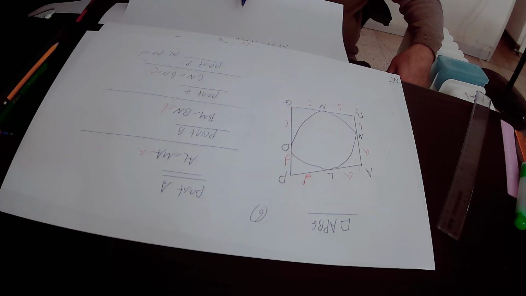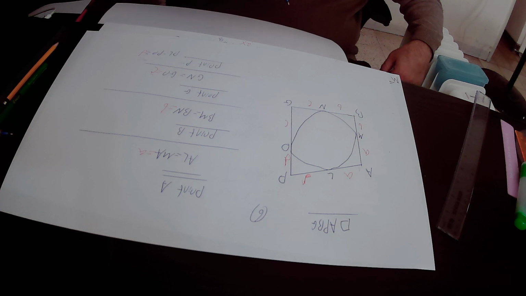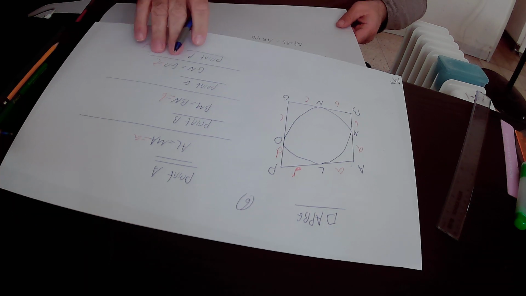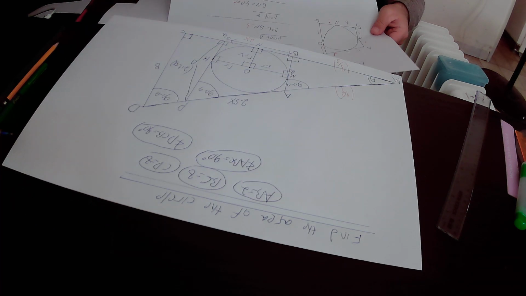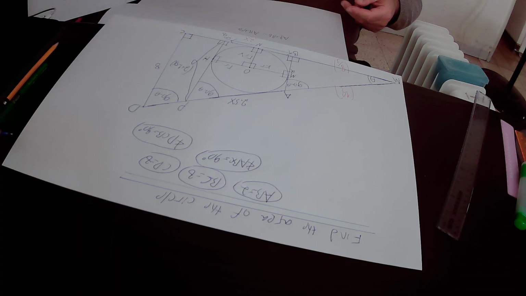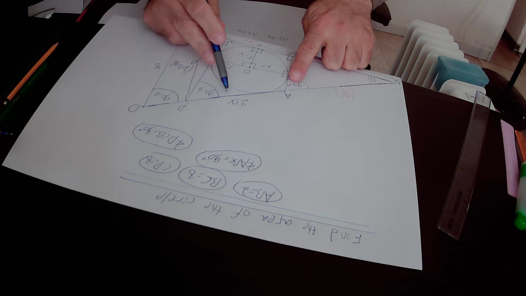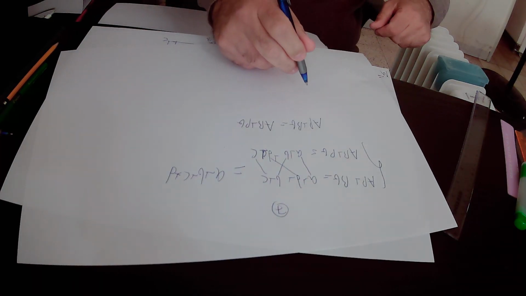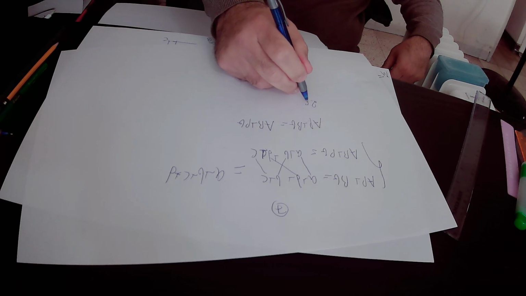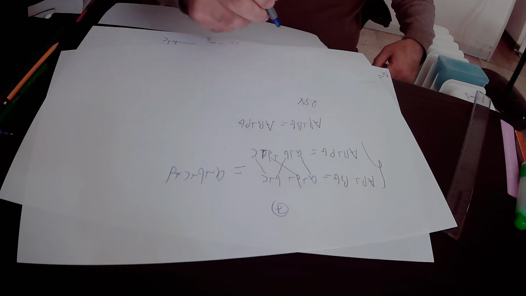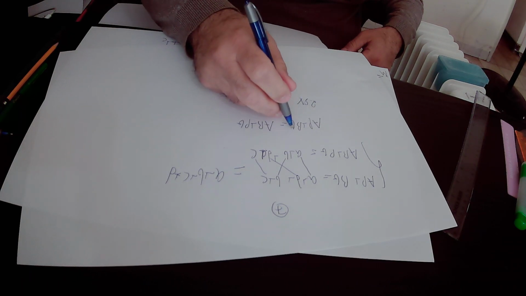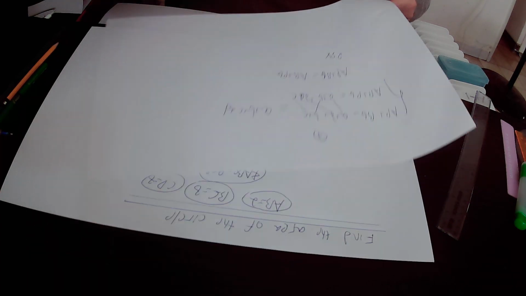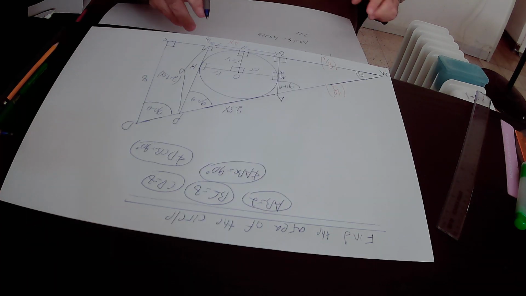So here, now what is the length of AP? AP equals 2.5x. So you can substitute AP by 2.5x plus BG. What is the length of BG?